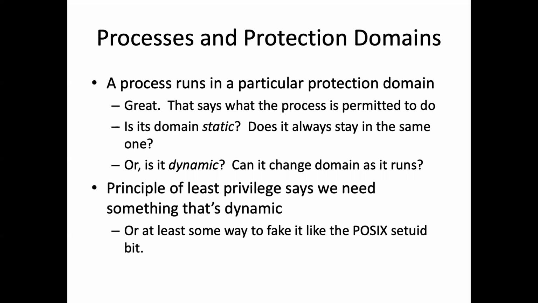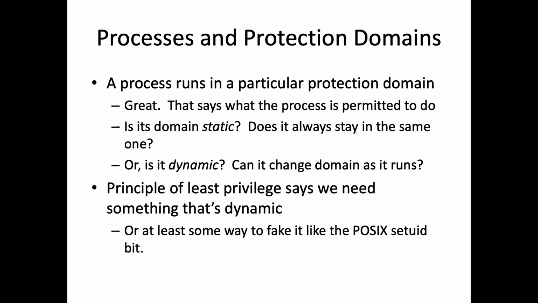We said, well, it might be handy to be able to switch domains you're running in, but only temporarily, only when you need to do certain things that required additional permissions. Or, said the other way around, if you're running code that was less trusted, you might want it to have access to fewer permissions while it was running that.